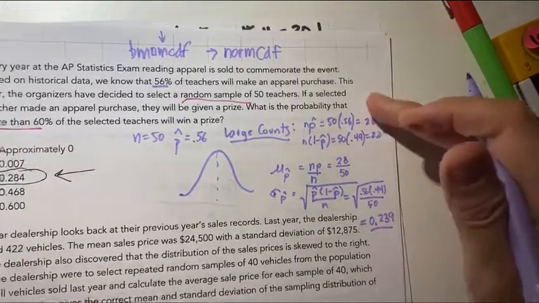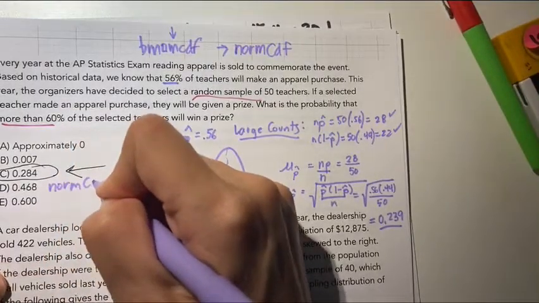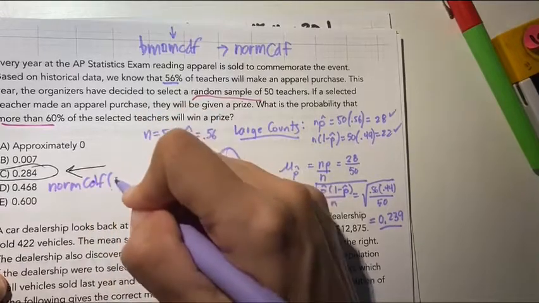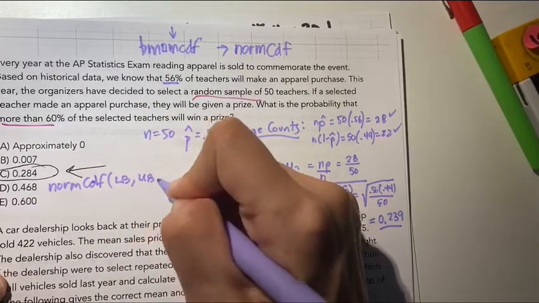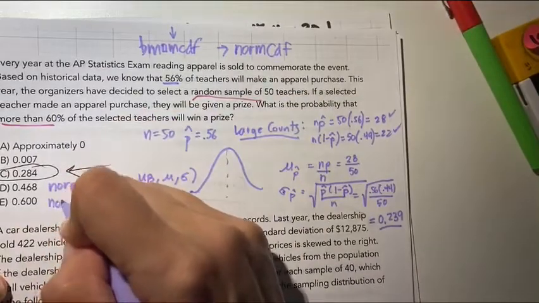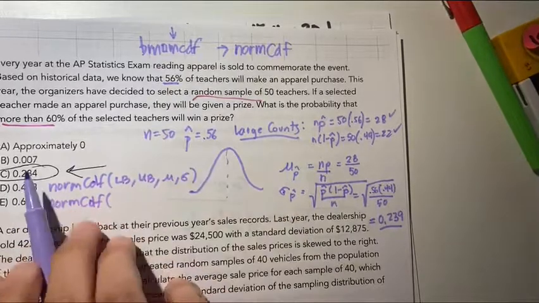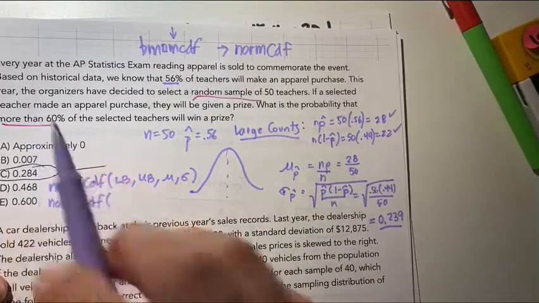Now I have all the pieces to do a regular old Normalcdf. Normalcdf is lower bound, upper bound, mu, and standard deviation. So let's type that in. We have our lower bound. What would be the probability of doing more than 60%?